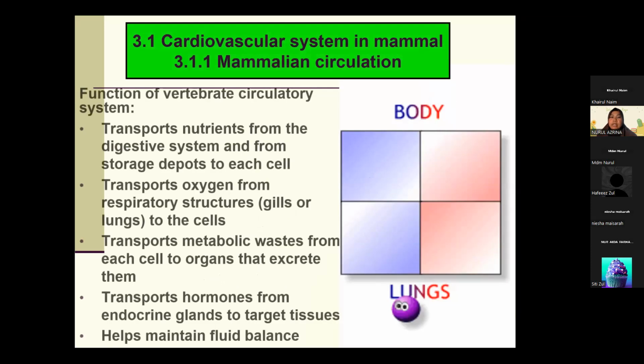First we looked at the function of the vertebrate circulatory system, where the major function is to transport: to transport nutrients, waste, oxygen or respiratory gases, and hormones, and to help in maintaining fluid balance. These are some of the functions of the circulatory system.